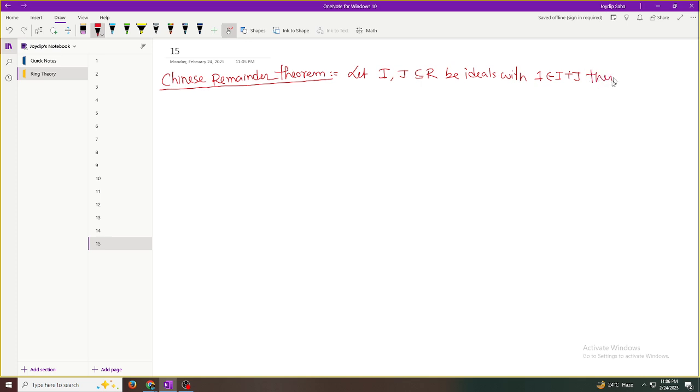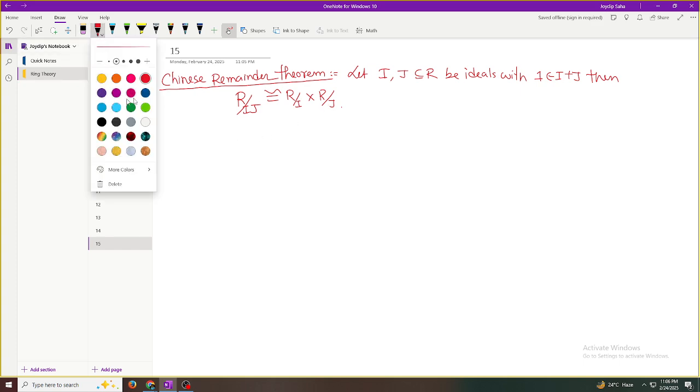Then R mod ij is isomorphic to R mod I cross R mod j. Proof is done.